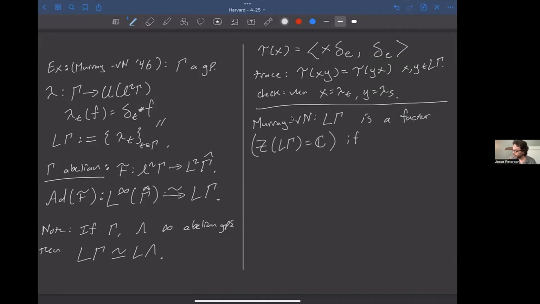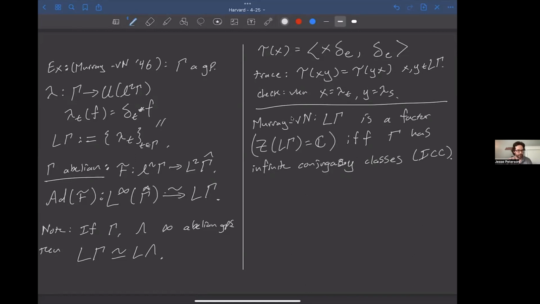And this is if and only if the group gamma has infinite conjugacy class. So ICC, except of course the trivial element will have its own conjugacy class, but for every non-trivial element, the conjugacy class should be infinite. So these are ICC groups, and these exactly give factors. So this is the extreme opposite of the abelian case.